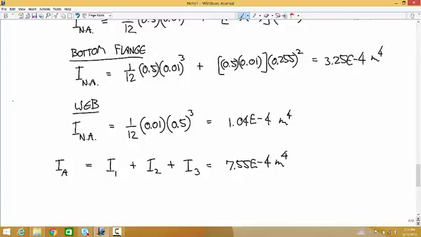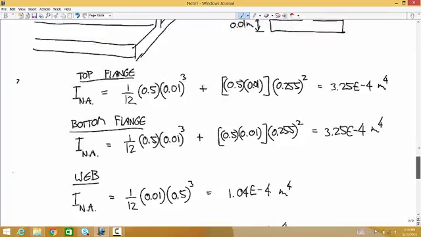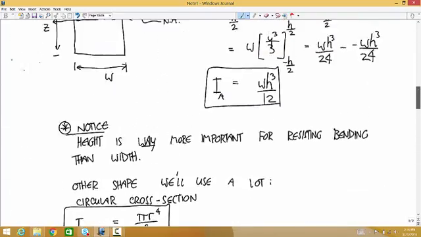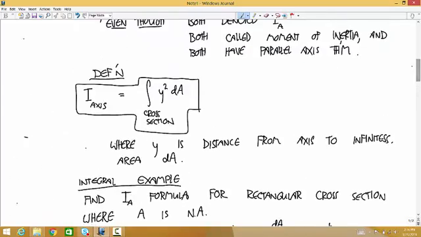That does seem strange. But it's because if you think about that formula, you get a big value for the moment of inertia if your area is concentrated a long way away from that neutral axis. And so those two flanges are positioned as far as possible away from the neutral axis.